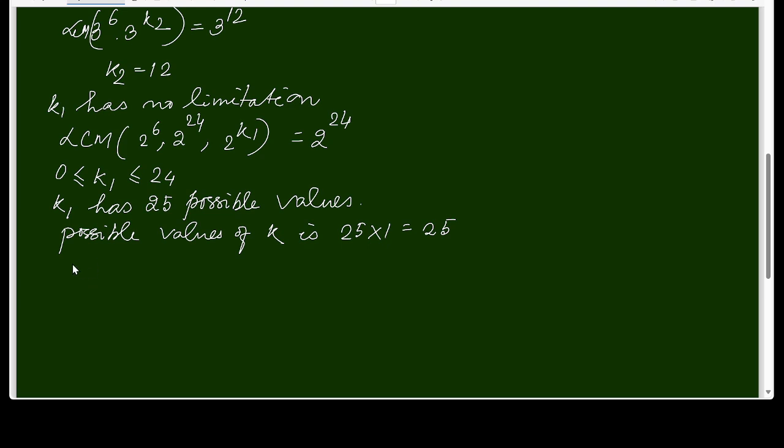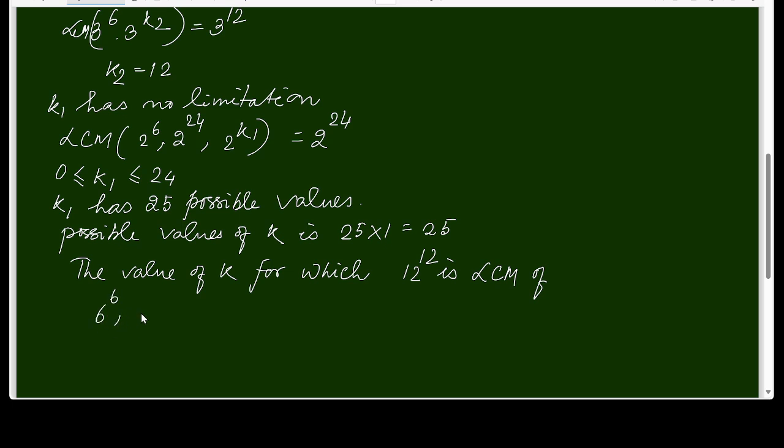So the number of values of k for which 12 power 12 is the LCM of 6 power 6, 8 power 8 and k is 25. We can get 25 different values for k.